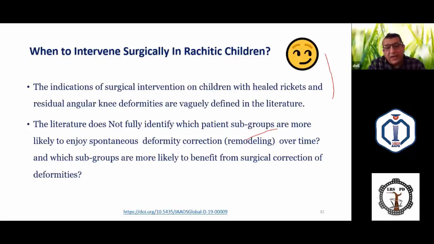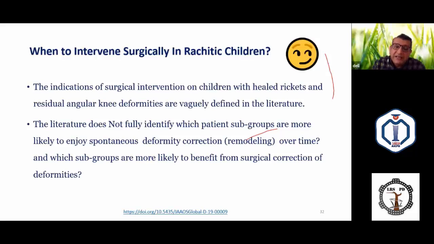We are unaware of which deformities, in healed rickets, yeah, but persistent deformities, are likely to resolve spontaneously and therefore not need surgical intervention, and which deformities are likely to persist into adolescence and so on and affect the gait, and so will likely need surgical correction.